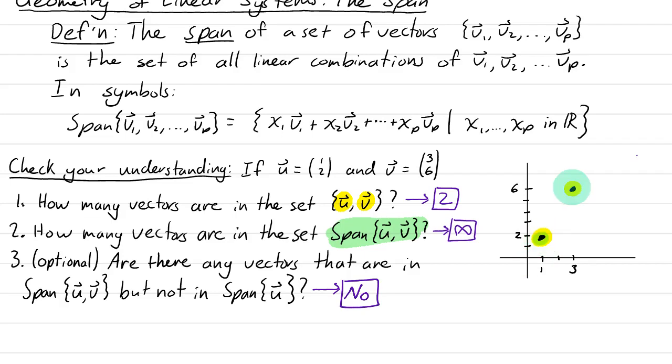It also includes 1 times v plus 0u, which is that point. It also includes 0u plus 0v. It also includes things like 2 times u, which is over here, or negative 1 times u, which is over here. And you get the idea. You get the whole line through those 2 points. And so there's an infinite number of points on that line.